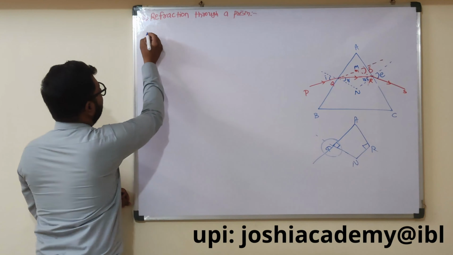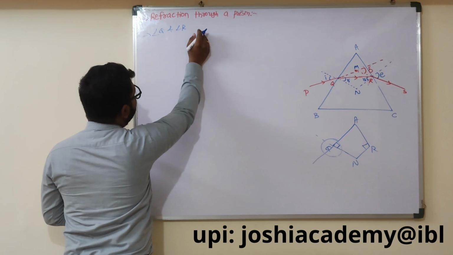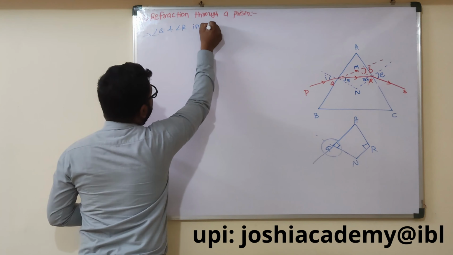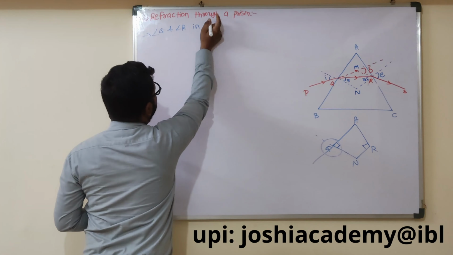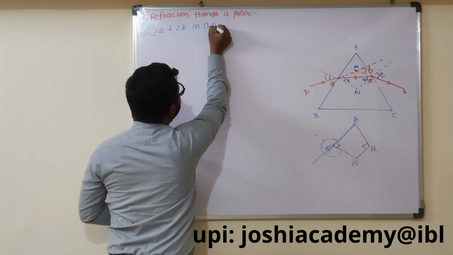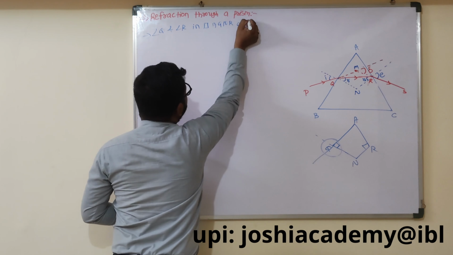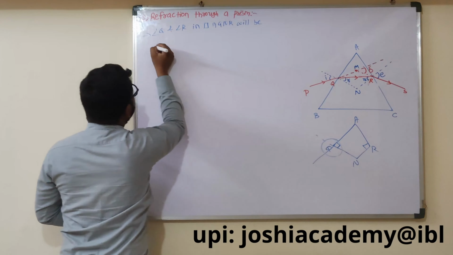Okay, that means angle Q and angle R in quadrilateral A, Q, N and R will be of 90 degrees.